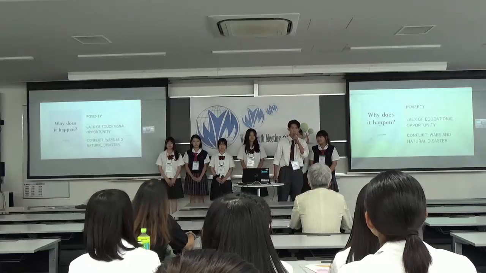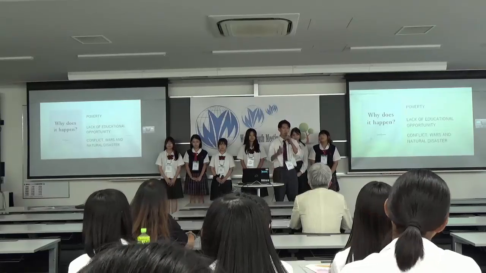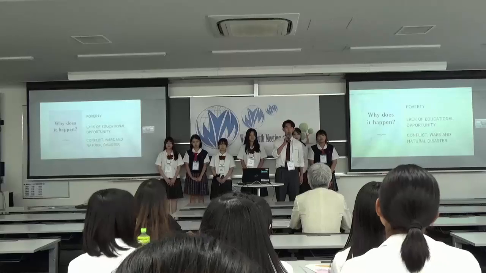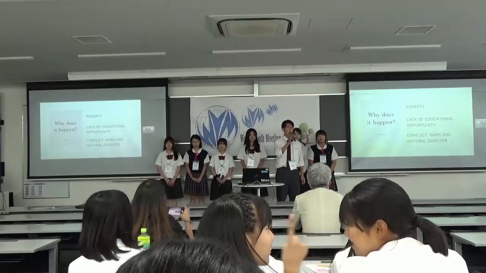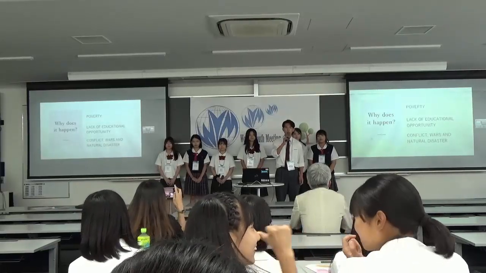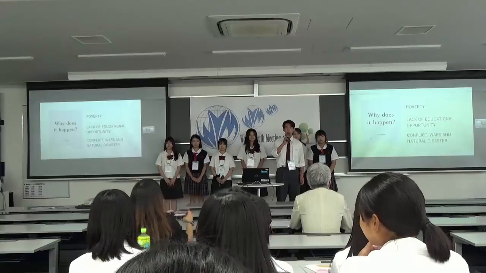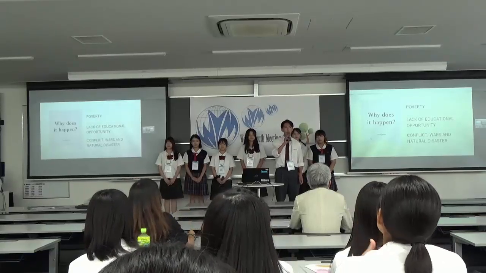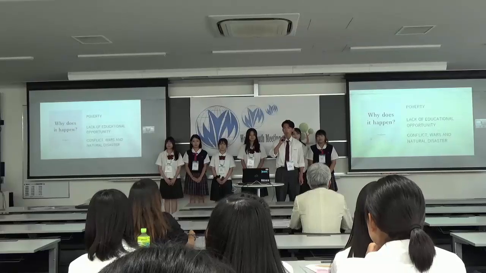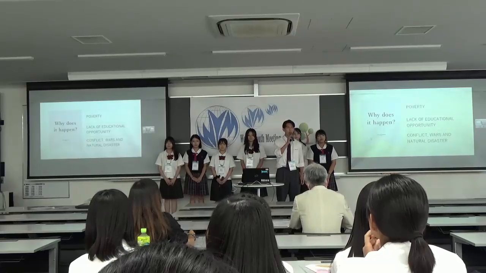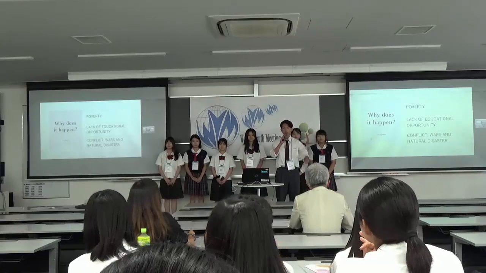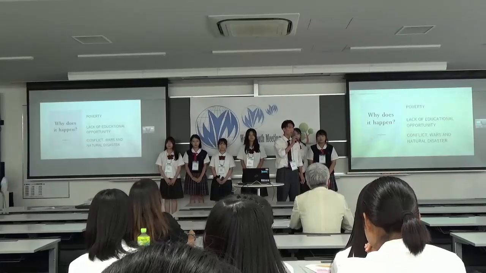I will explain the main reasons for child labor. First, poverty. When families are very poor, they need money from their children. Sometimes parents do not earn enough money to take care of the whole family, so children have to work. Another reason is the lack of education.